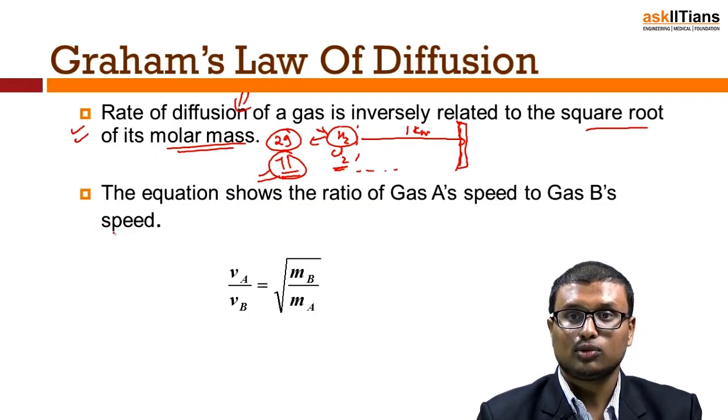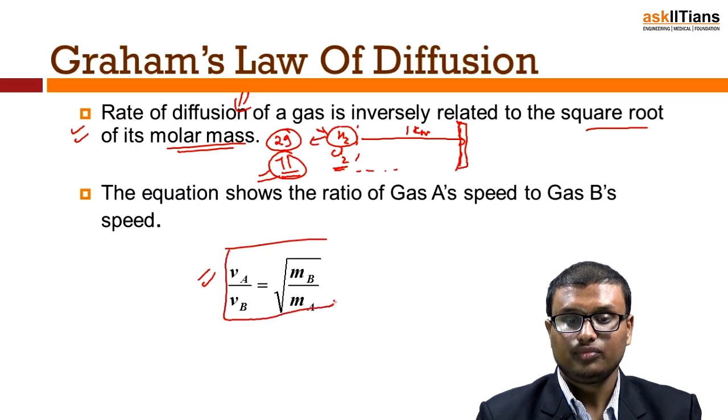Obviously all the concepts, all the laws are finally developed or analyzed based on a relationship or an equation. So this equation gives you an idea about the rates of diffusion and the molecular masses. You can see here that my rate of diffusion is inversely proportional to a square root value.